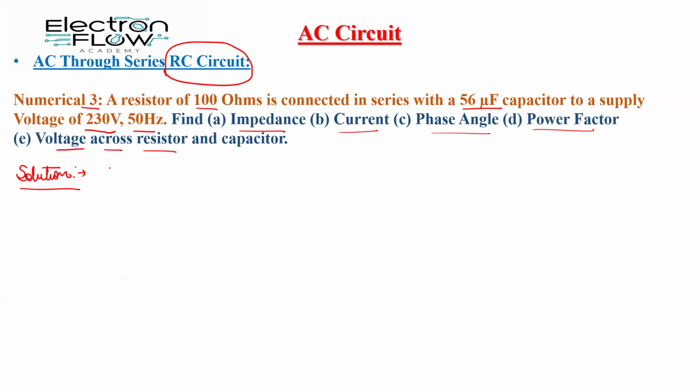Firstly, we need to calculate the capacitive reactance, which is denoted by Xc. The formula of Xc is equal to 1 upon omega C, or 1 upon 2 pi f C. So let's put the values: 2 pi, frequency is given to us as 50 hertz, multiplied by capacitance, which is 56 microfarad, meaning 56 multiplied by 10 to the power minus 6.